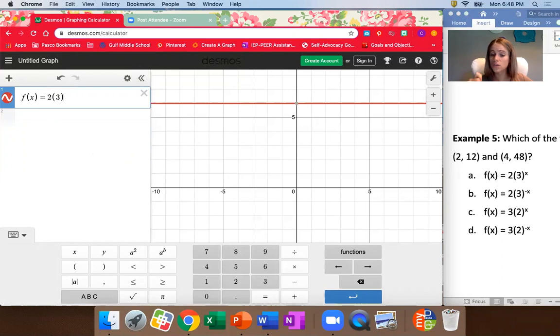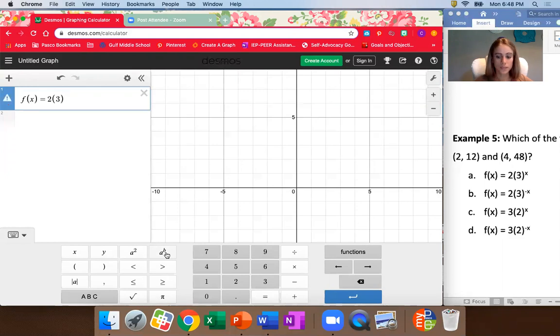I need to make sure I type it in as an exponent. Otherwise, it's going to graph a linear equation, and it needs to graph that exponential curve. So this button right here where it says a to the power of b will put me up into exponent mode and allow me to type whatever exponent I want.